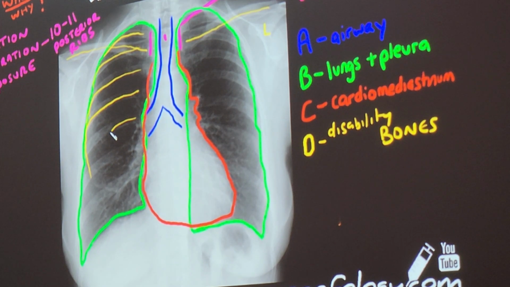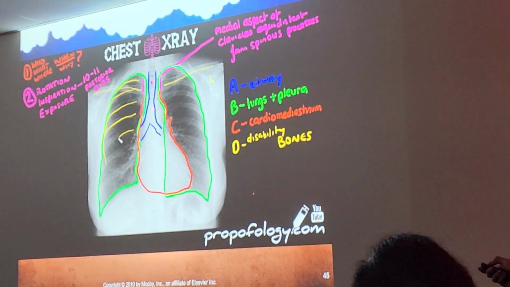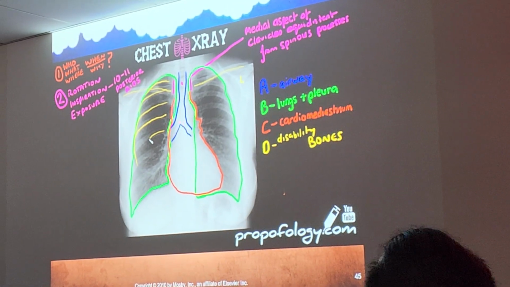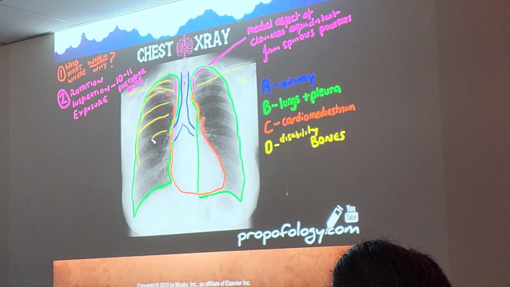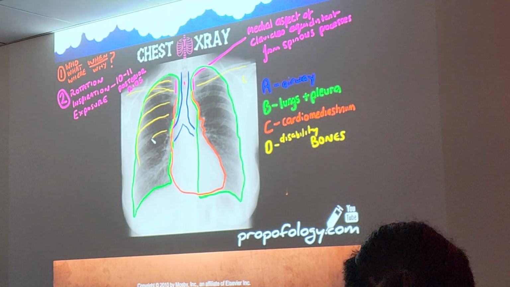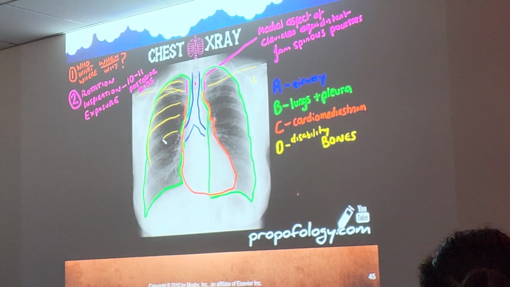Some hints, how you can help yourself, guys. This is a great tactic. If you're visual, print out these X-rays and color code them to help you remember that anatomy. So we have our trachea coming down to the carina. We have our left and right primary bronchus. We have our heart shadow here in red, which is in what area of the thorax?